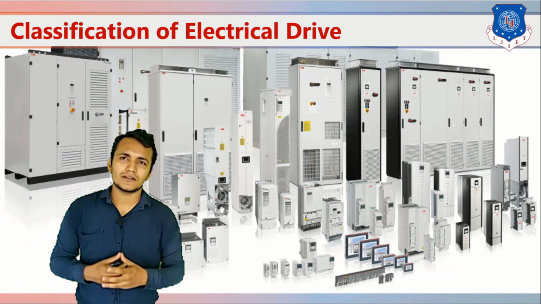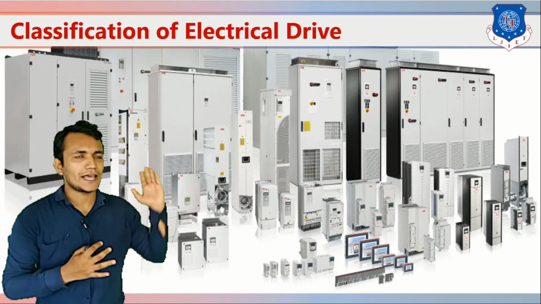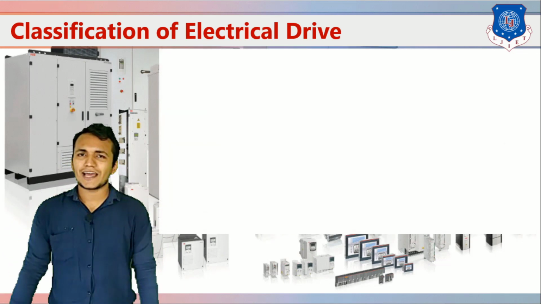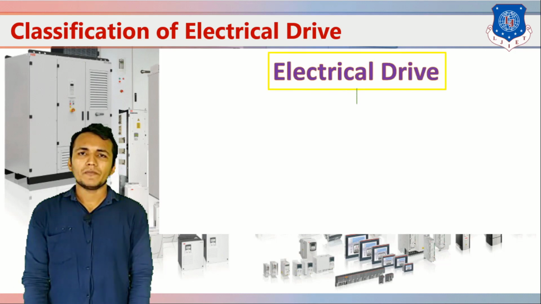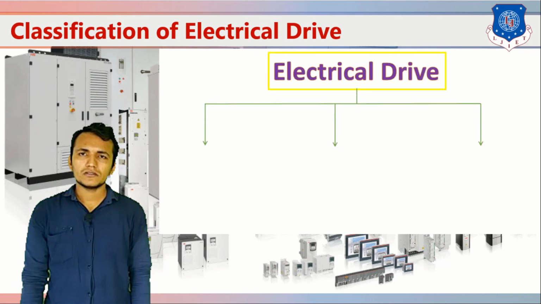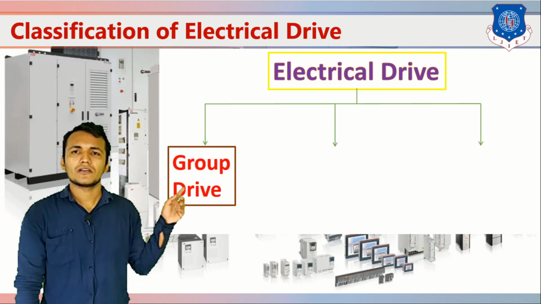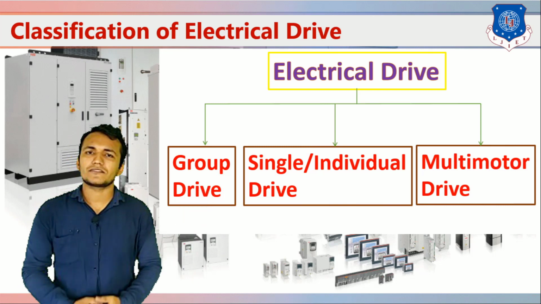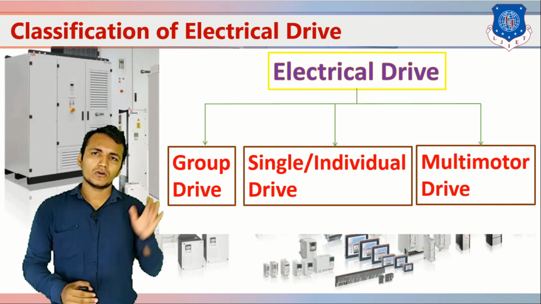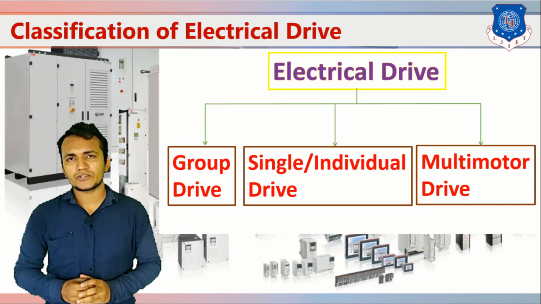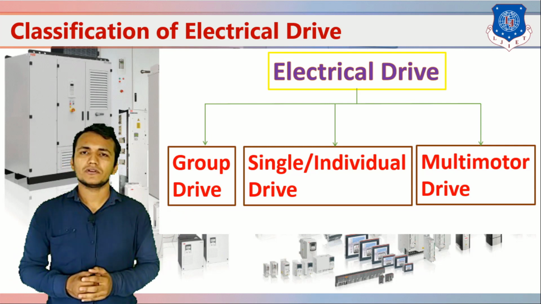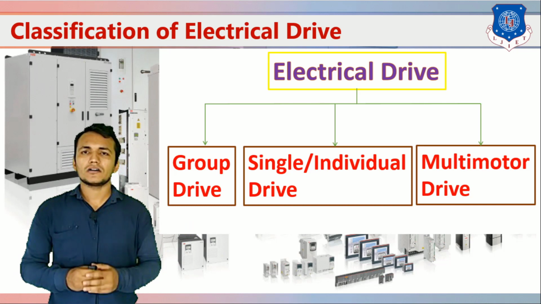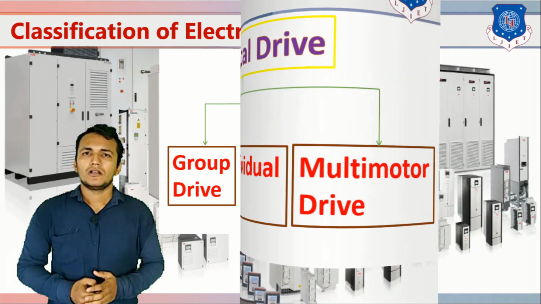Now we have to discuss the next topic, the classification of electrical drives. Electrical drives are basically classified in three manners. First, group drives. Second, single or individual drives. And third, multi-motor drives. These are the three classifications of electrical drives: group, single and multi-motor drive systems. Let us see each drive system one by one.